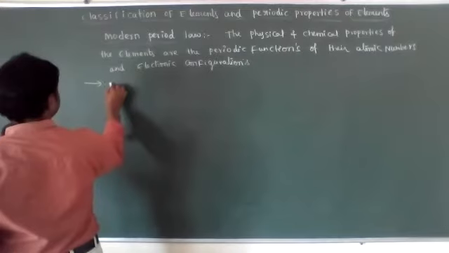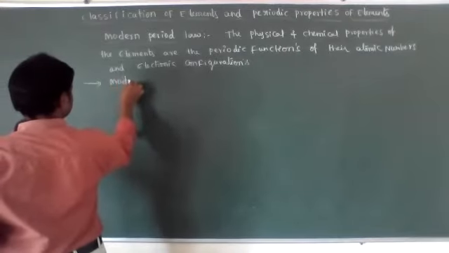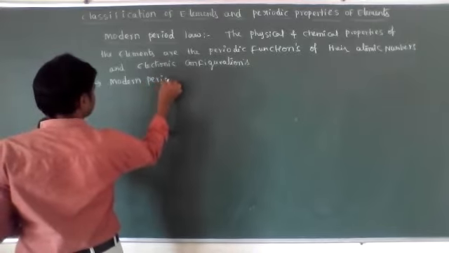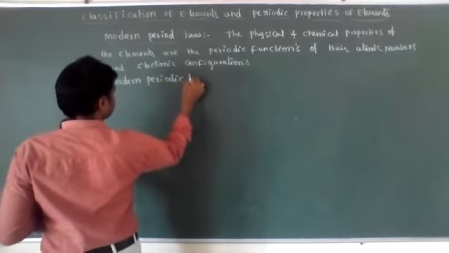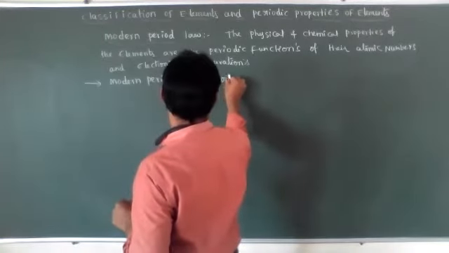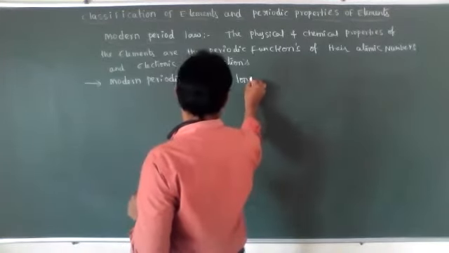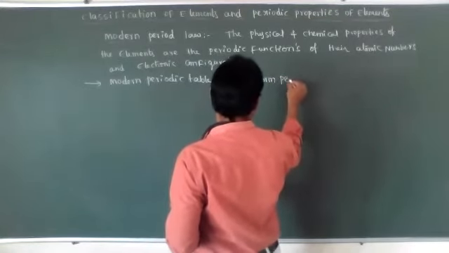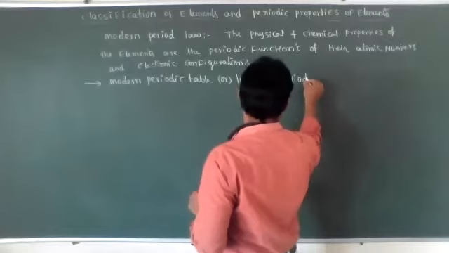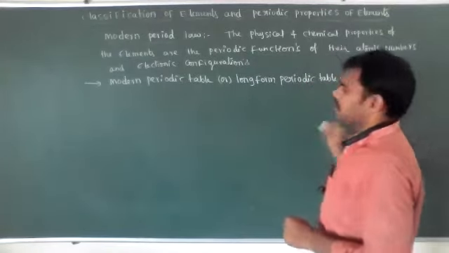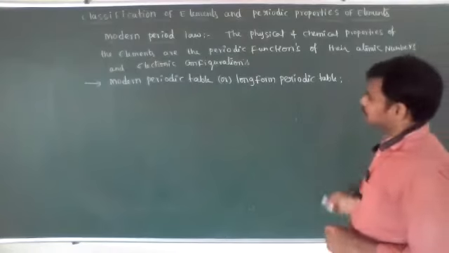Okay, let's see. The modern periodic table, or long form periodic table, was proposed by Niels Bohr.